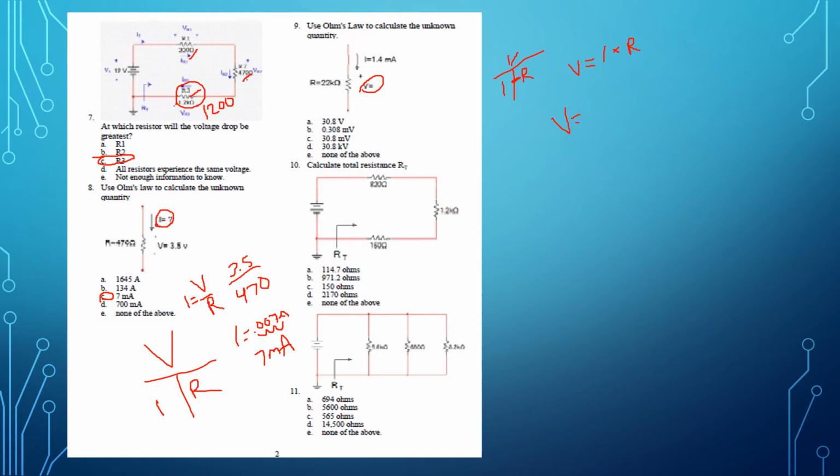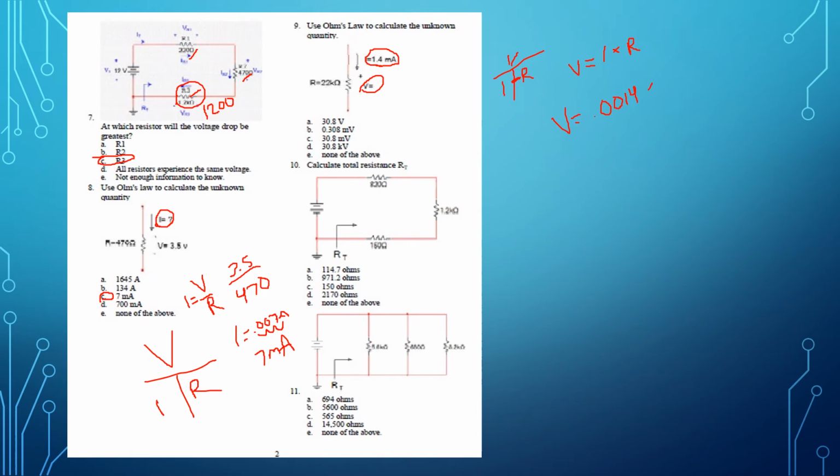That's equal to I of, what do we got here? 1.4 milliamps. So when you plug that into your calculator, you want to convert it to amps. So that's 0.0014 amps. That's the same thing as saying 1.4 milliamps.